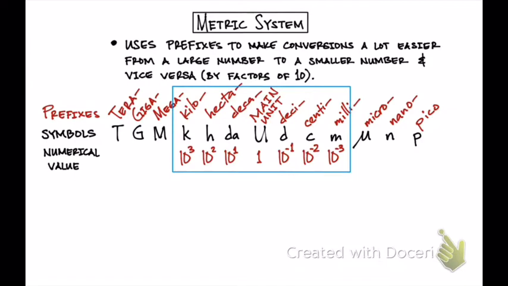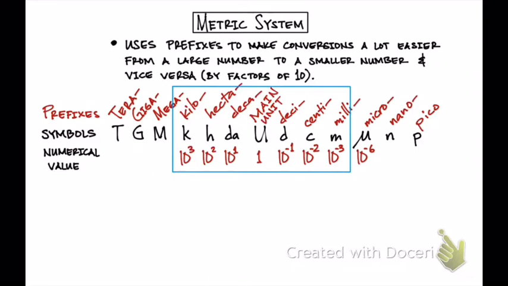And the reason why is because once you move outside the box, the factors change, or the numbers change by a factor of 1,000, these numerical values. So for example, looking at micro, right? From 10 to the negative 3, and then it jumps to 10 to the negative 6. So instead of like from deci all the way to milli, it's 10 to the negative 1, then negative 2, negative 3, and then it jumps outside the box, right, to 10 to the negative 6.